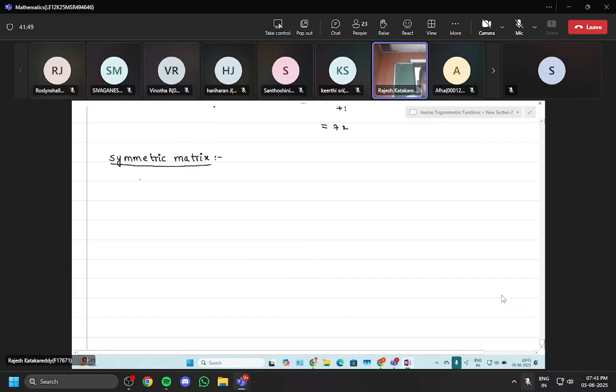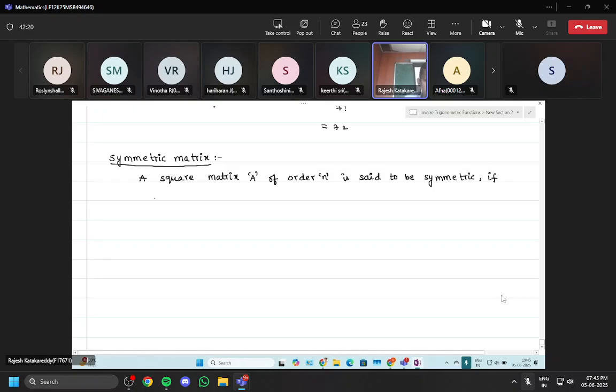So this is in types of matrices, symmetric matrix. The definition says a square matrix A of order n is said to be symmetric if A transpose is equal to A. After interchanging rows and columns, if we get the same matrix, that is known as a symmetric matrix.